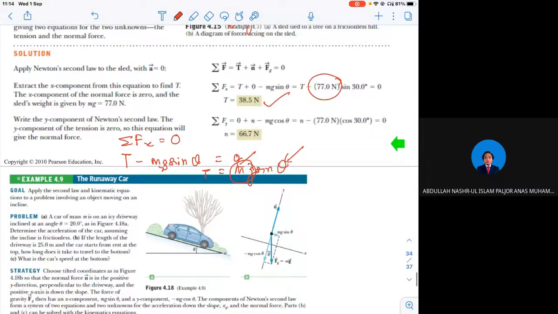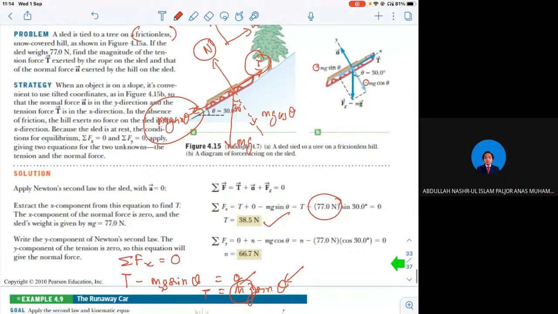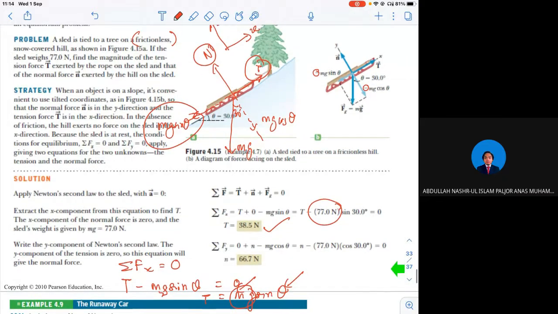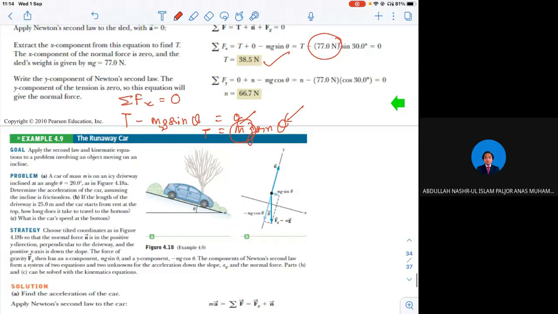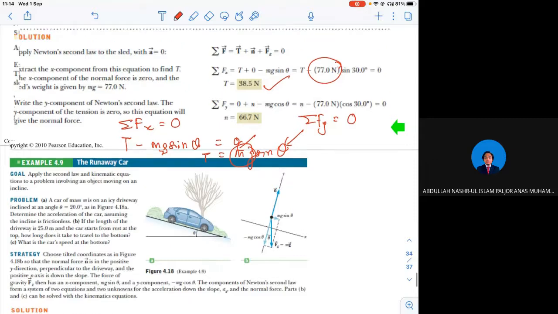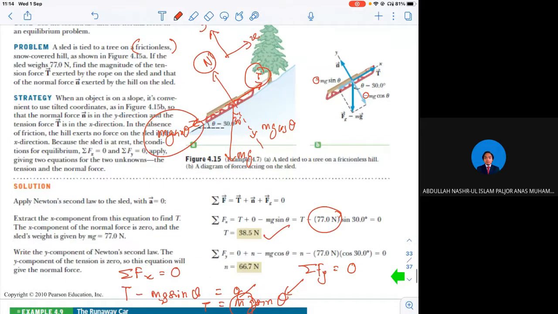Now it's done for the tension. How do we get N? N is on the y-axis, so you need to establish the y-axis. Again, the summation of Fy equals 0. We have N and we have mg cos theta.